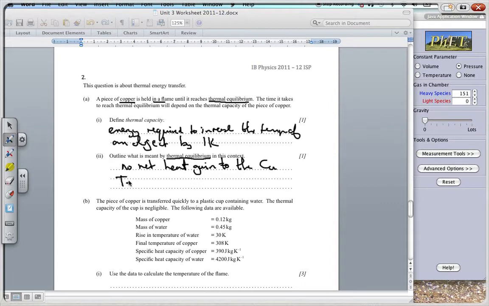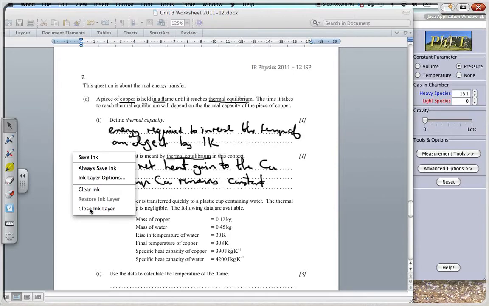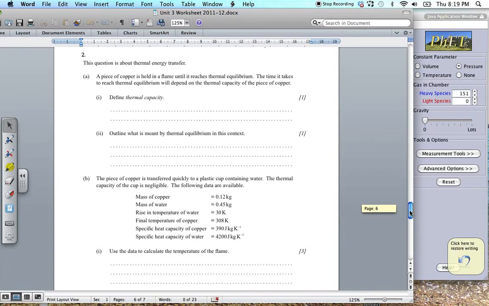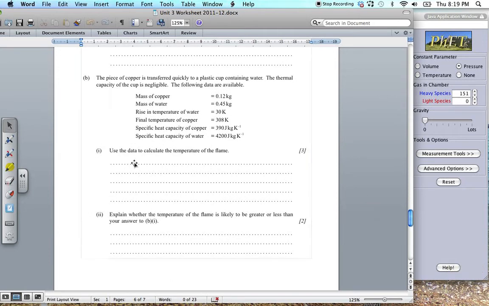The temperature of the copper remains constant, and although it may be losing heat, it will also be gaining heat at the same rate. Good. So let's go down now to answer this question here, which is B.